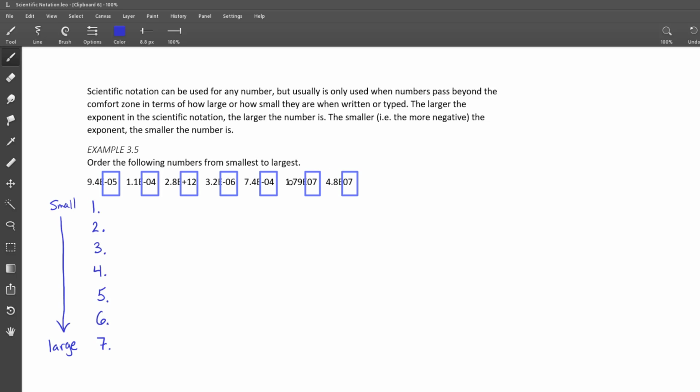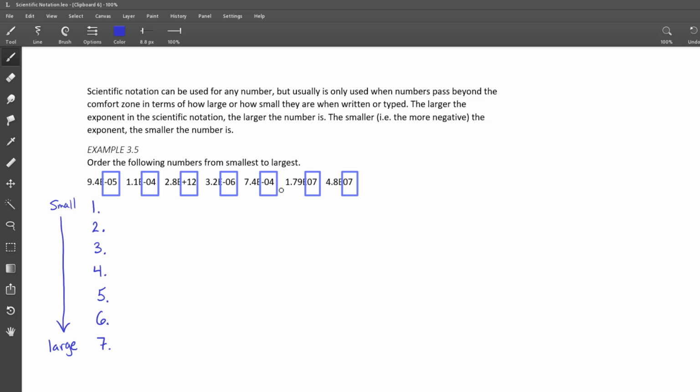So we see that the exponents go at the low end, and by low I mean most negative, is -6. Then we have a -5 exponent here. I see a -4 and a -4, so there's 2 -4 exponents.